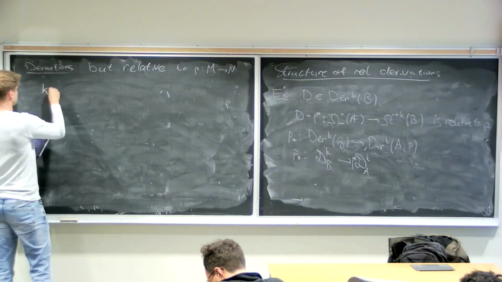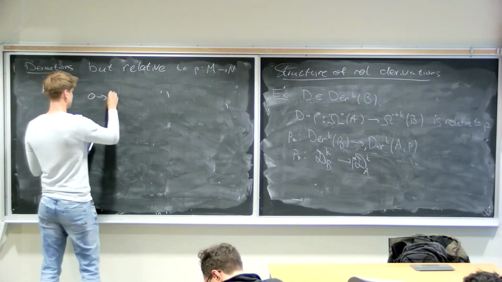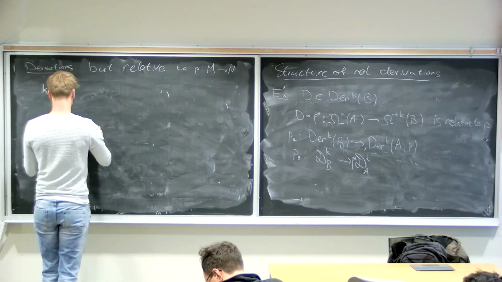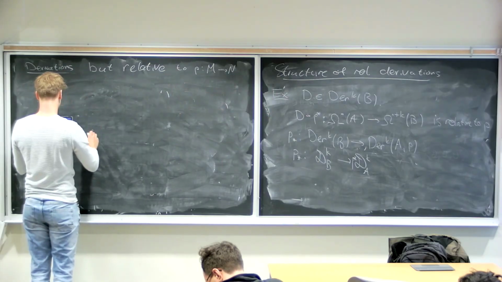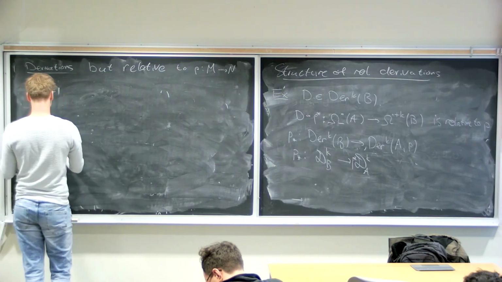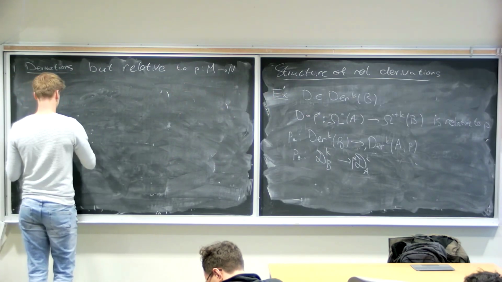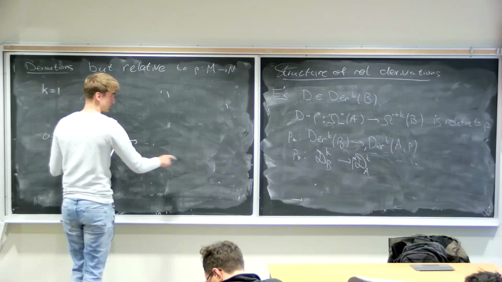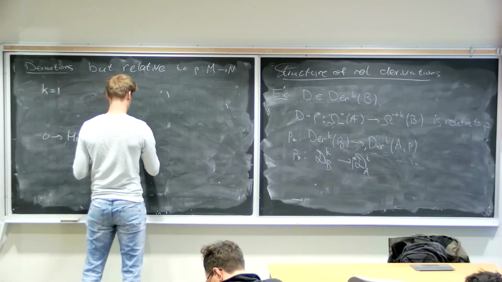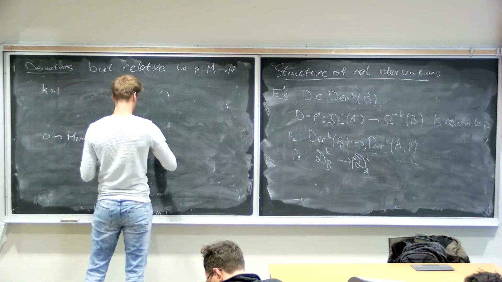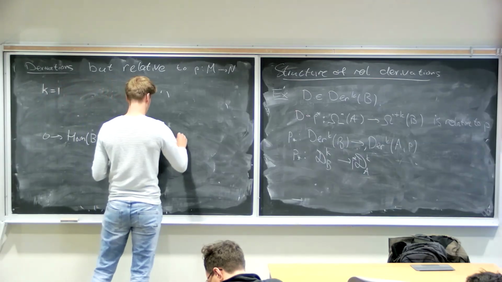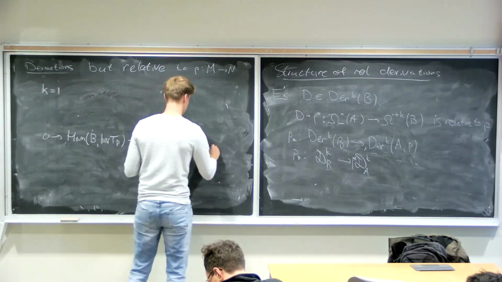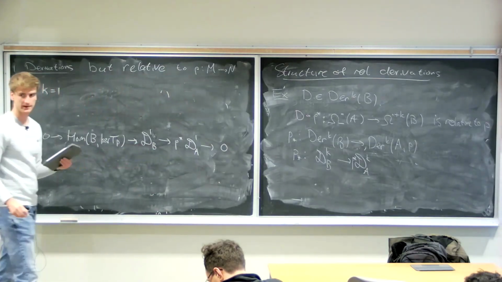So for k equals 1, we now get a short exact sequence here in the middle: homomorphisms from B, the kernel of the P star map, D_1 B, let's just stick with P star D_1 A. We get a short exact sequence this way.